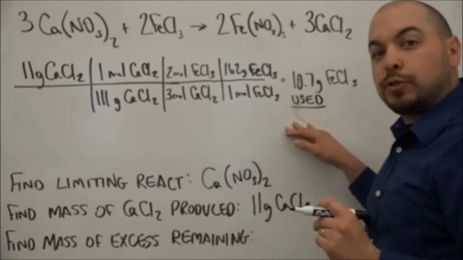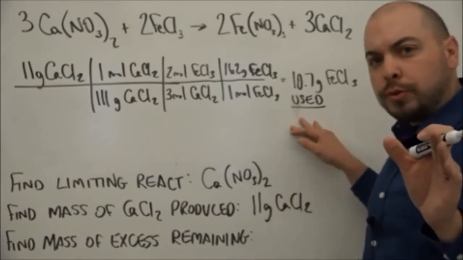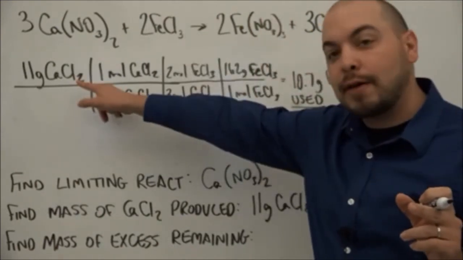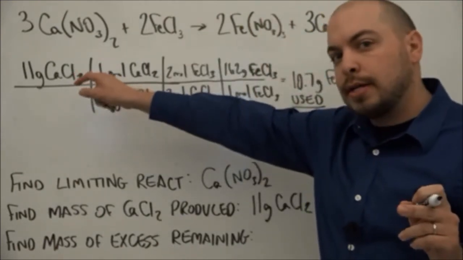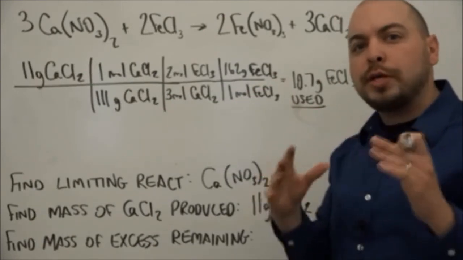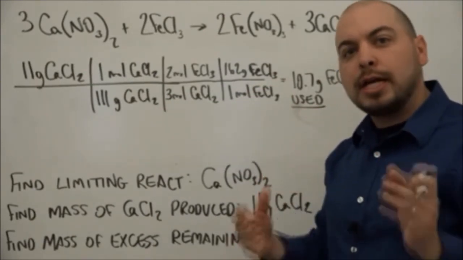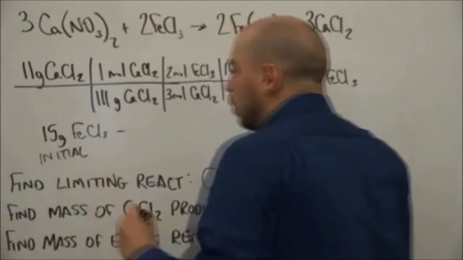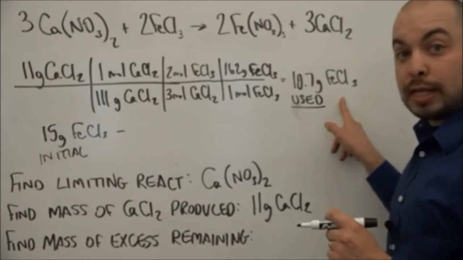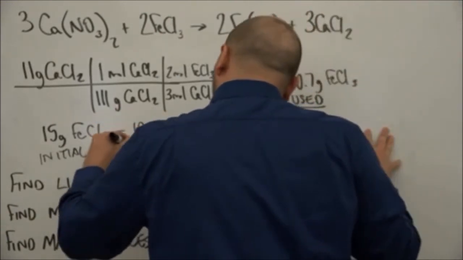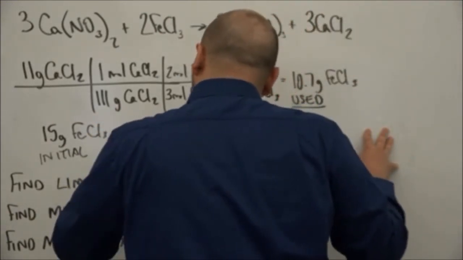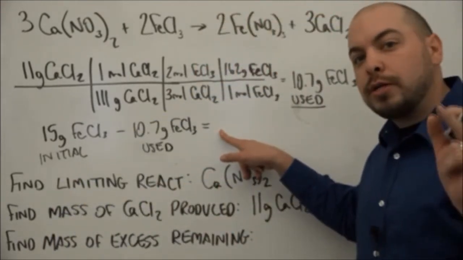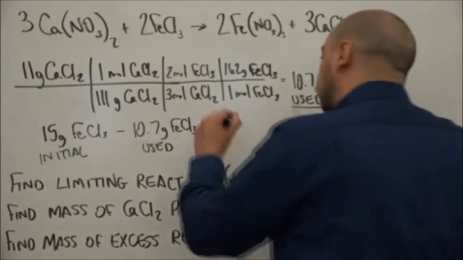So as a result of our stoichiometry, what we found is that we used 10.7 grams of iron chloride over the course of the reaction to produce 11 grams of calcium chloride. Now, where this comes into play is that we know we started with 15 grams of iron chloride. We then used 10.7 grams of it, which means that we have 4.3 grams of iron chloride remaining.